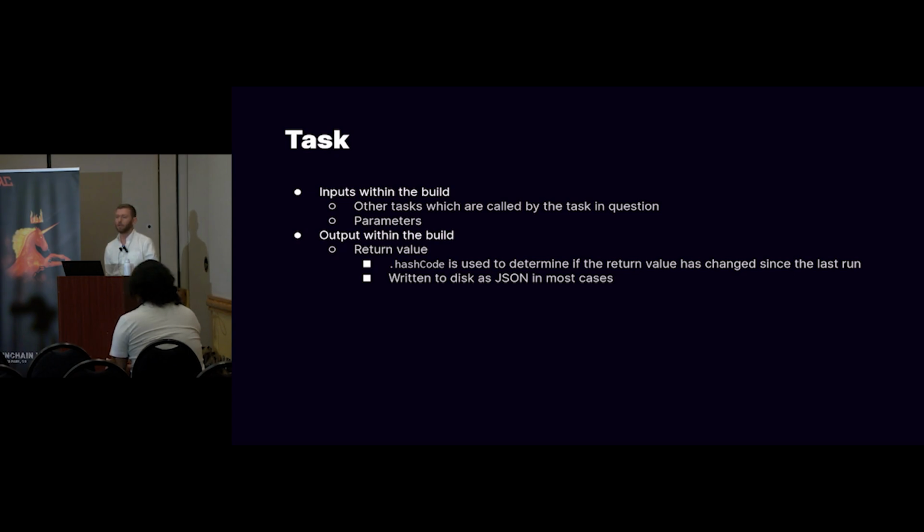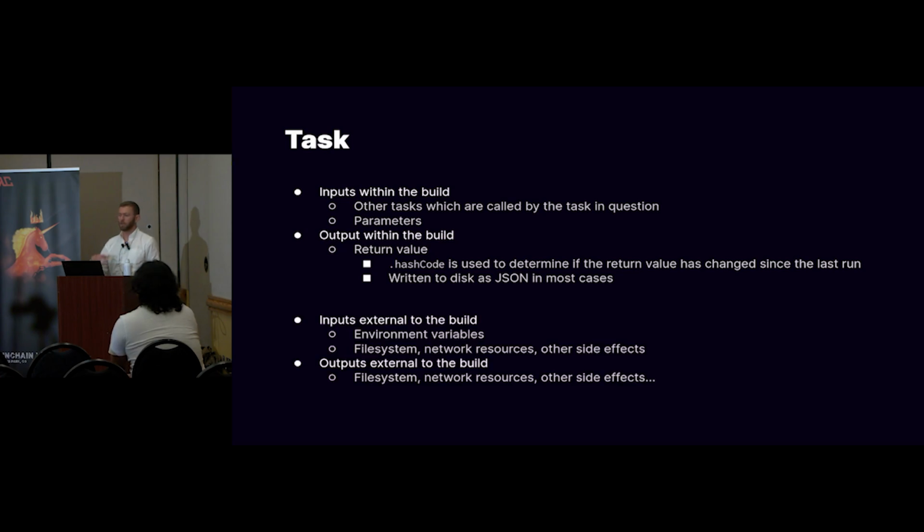Interestingly, the output of the task, both the Scala value and the hash code of the inputs, are written to disk as JSON. I think that opens up a lot of interesting tooling opportunities where non-Mill tools can look at the output of the Mill build and know things about the build, like where the source code files are and where the binary outputs are, without even needing to run Mill itself, as long as someone has run it before and has the outputs on disk.